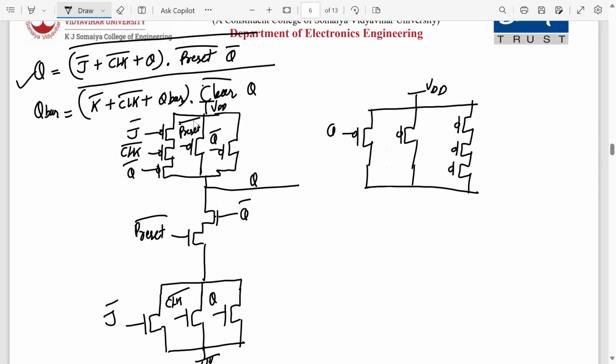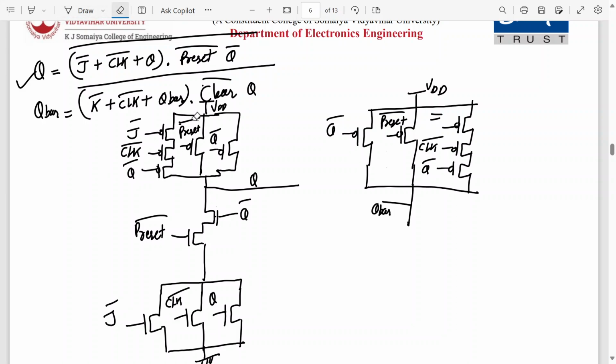So here we have Q bar, preset bar. Here we will have J bar, clock bar and Q bar. Okay, your output is Q bar. Or in place of preset bar, there is a clear bar.